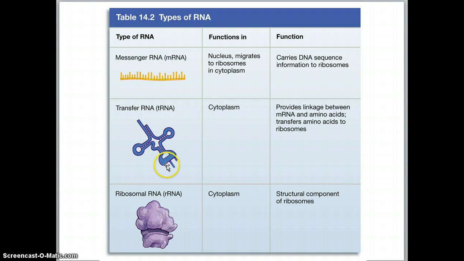Okay, transfer RNA, or tRNA, is basically the little taxi that carries the different little amino acids to the ribosome. So it goes out and finds the correct amino acid, and it brings them to the ribosome to help assemble and make that protein.